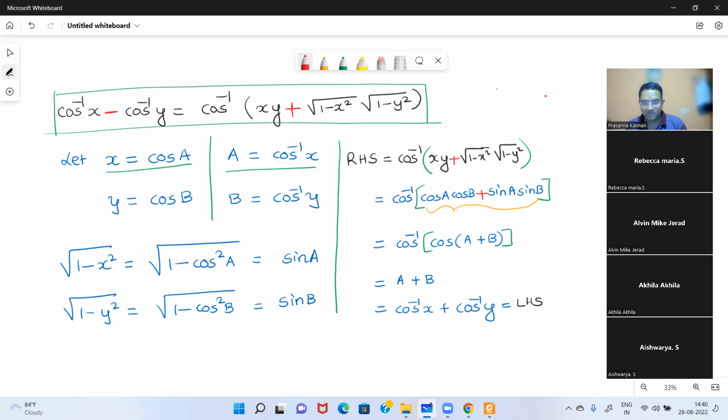So what will it be? Cos A cos B plus sin A sin B. What is cos A cos B plus sin A sin B? Cos of A minus B, correct? So cos inverse of cos of A minus B will be A minus B. So that will be nothing but cos inverse of x minus cos inverse of y. That's the proof. Is it clear?